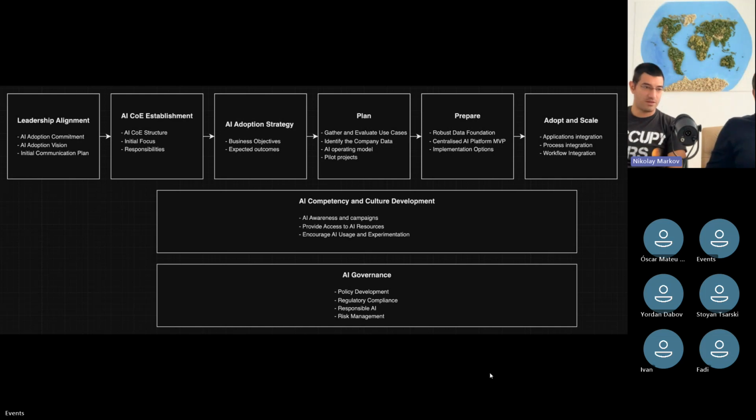Of course, once you have the strategy in the team, as with the cloud adoption frameworks, you have to plan how to execute it. And in order to plan it, you have to have the data. You have to understand where you should focus, and this means starting with gathering the use cases. This is a very broad topic, and we'll go into a lot of detail in our upcoming session covering the planning phase.